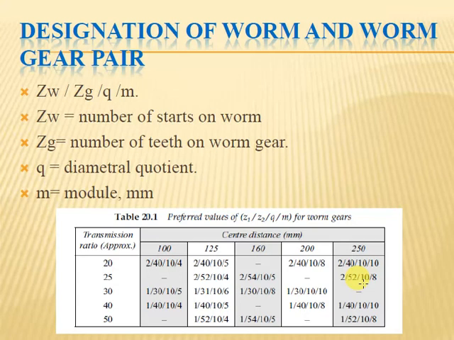Means for all options within this table you can see diametral quotient Q is preferred as 10. Keep in your mind. For this lecture we started with the introduction, then advantages, disadvantages, terminology and designation of the worm gear pair.